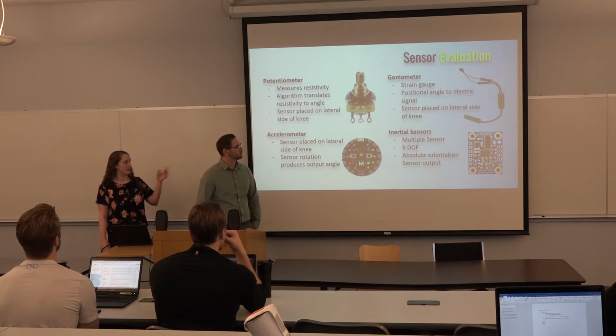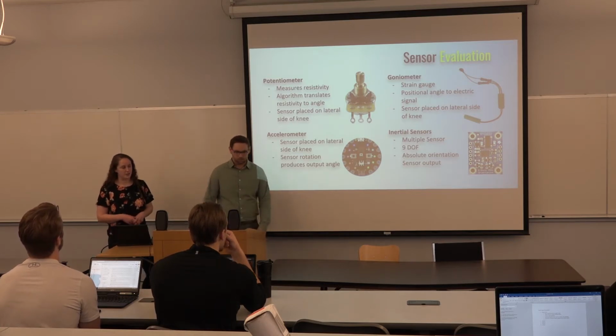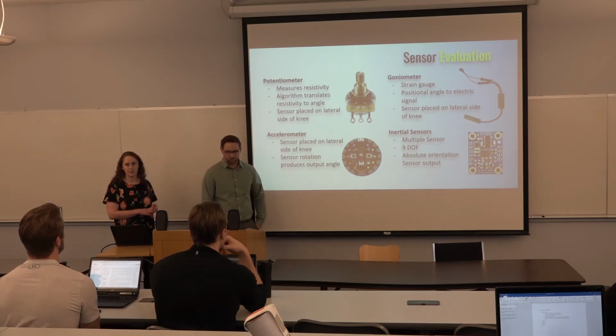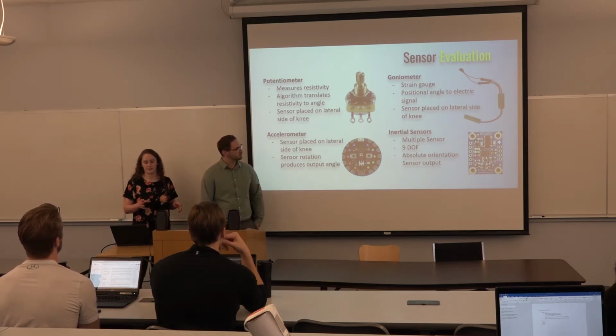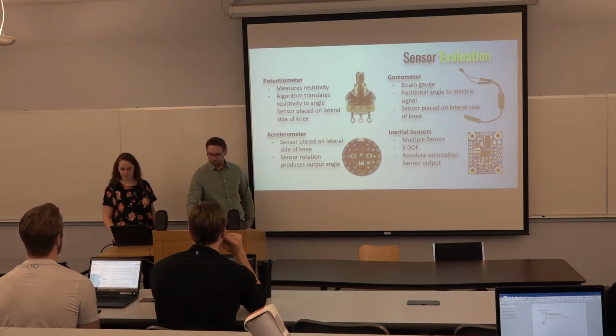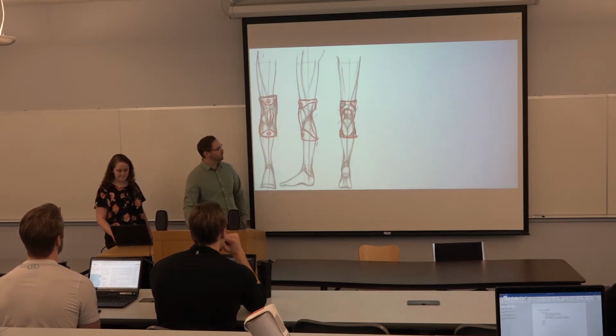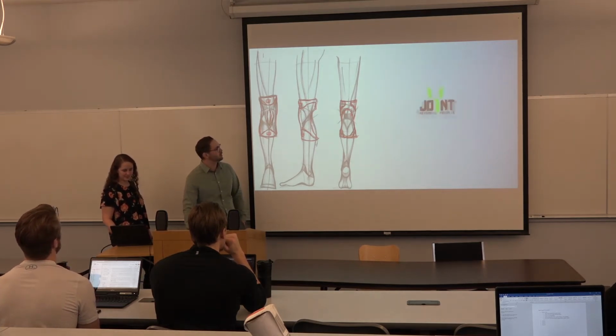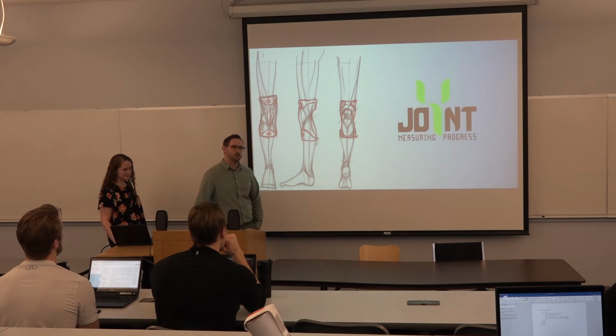So we decided to go with inertial sensors, which include accelerometers, gyroscopes, and magnetometers. These sensors can give us 9 degrees of freedom and an absolute orientation output. So using our rigid sleeve, our flexible sleeve design, as well as the choice of sensor, we came up with Joint.